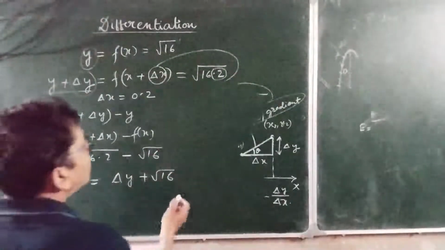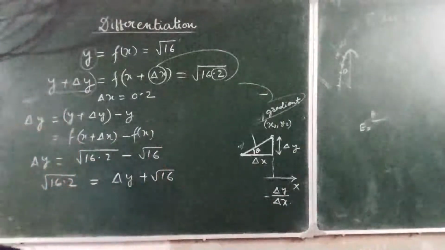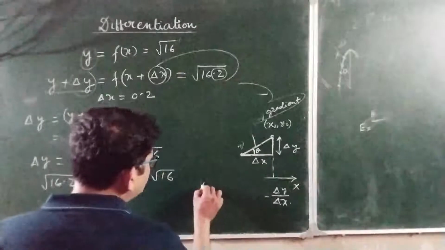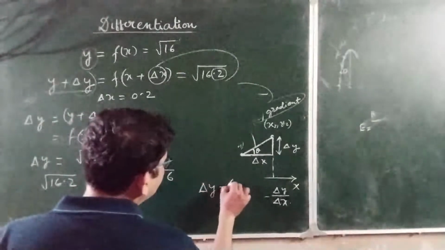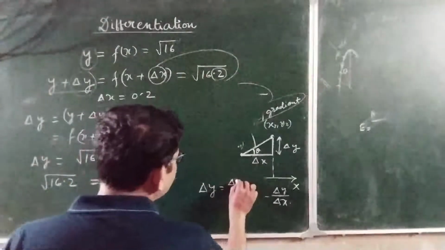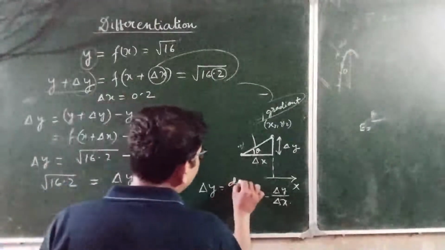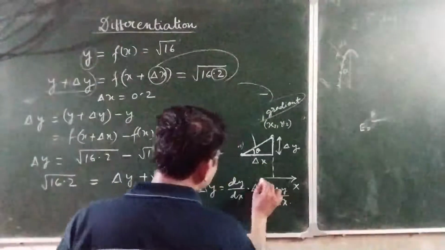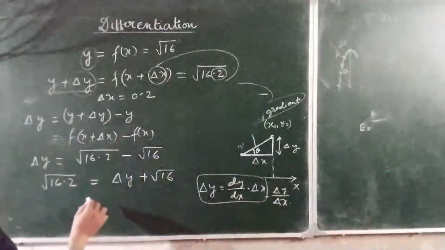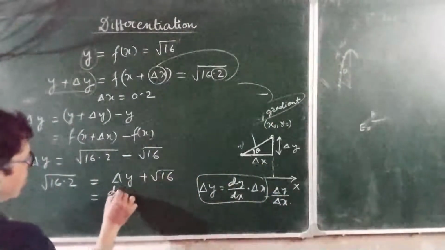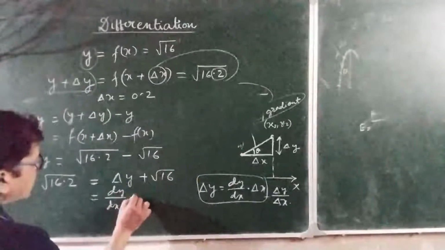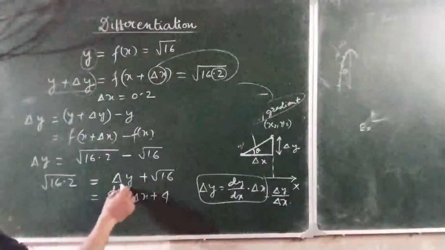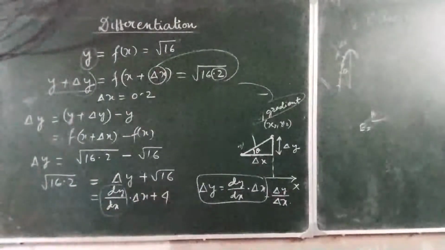Now previously I have written this relation, del y is equal to dy upon dx into del x. So by using this relation, it is dy dx into del x plus 4. Now what is dy dx? What is y?